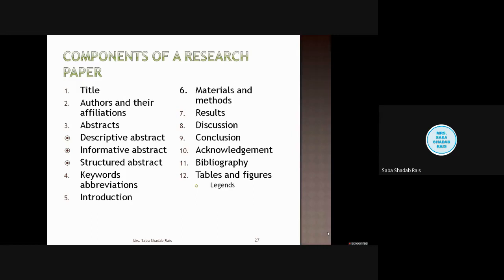We study one particular problem, read so many papers, and write a review paper. So writing a review paper is totally different, in that you are not performing any type of research, you are just writing the review. We will see how to write the review paper in the next lecture.